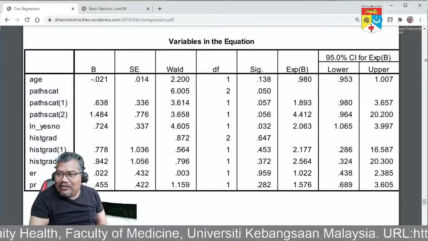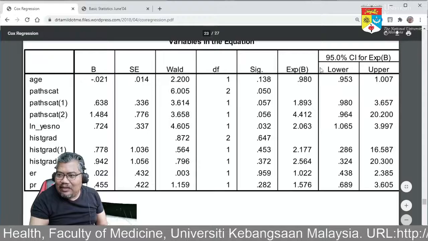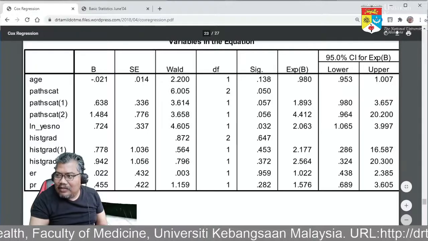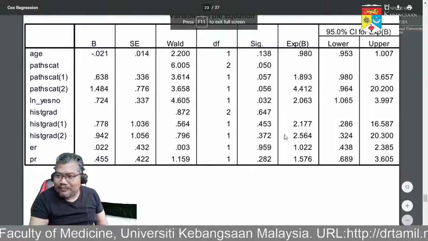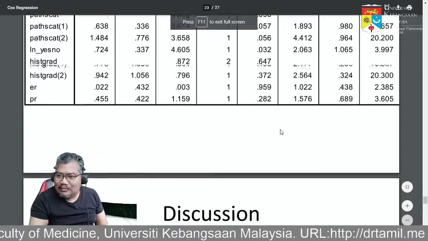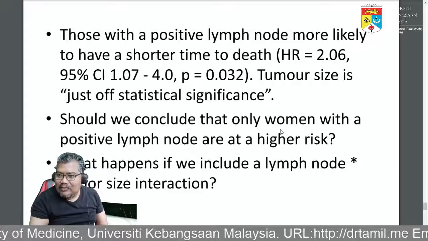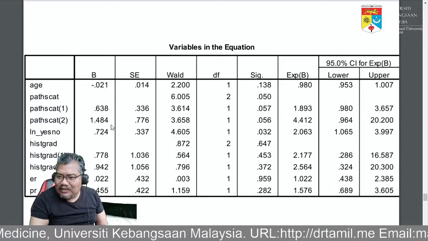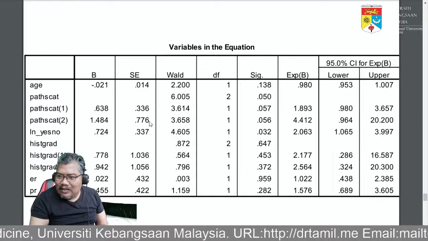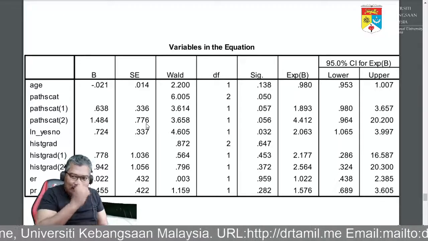Alright, so I already explained this to you just now. So let's go to the explanation about the discussion. So you saw it now. This one is the variables in the equation. This one, you do it without the interaction.